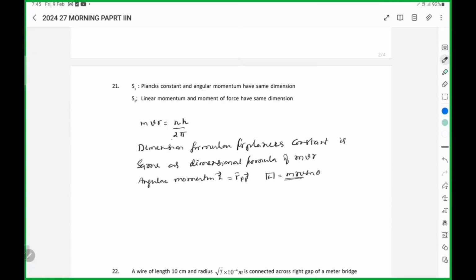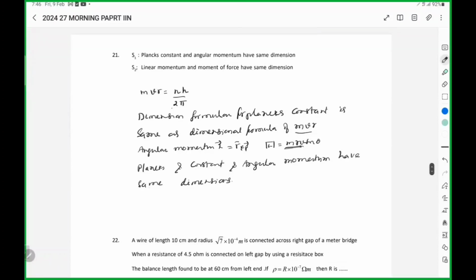So Planck's constant and angular momentum have the same dimensions. So S1 is true.